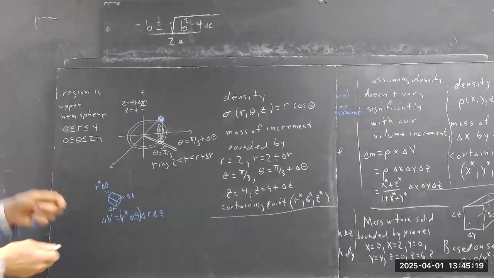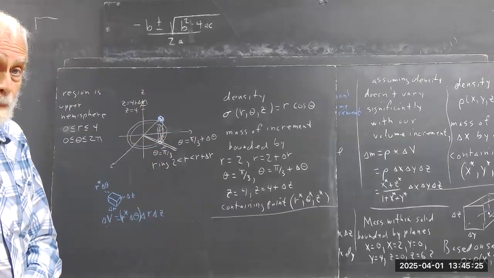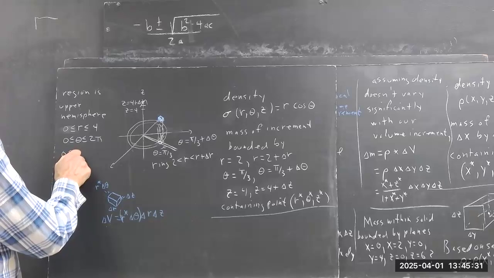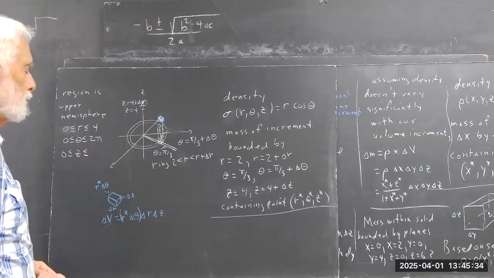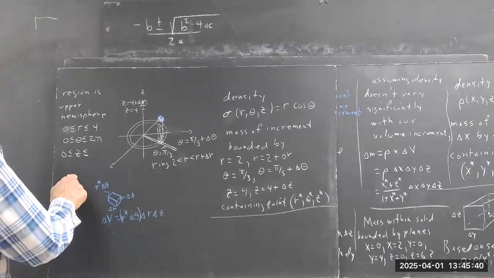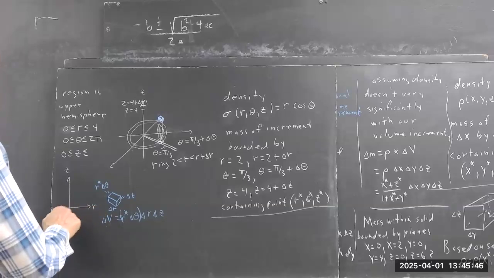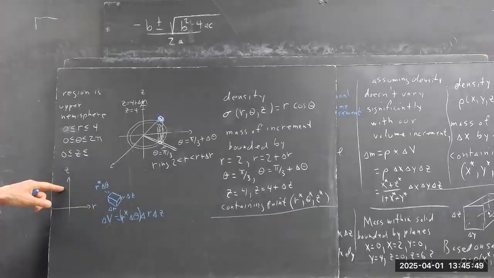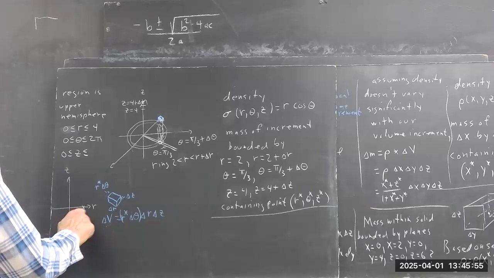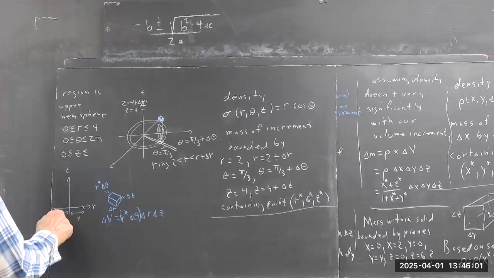Theta from 0 to 2 pi, we recognize that is a circle of radius 4 in the xy plane. And zero less or equal to z less or equal to what? Well, if it's a hemisphere in an RZ plane, we would have to come out to 4 here. Have to be 4 units here.